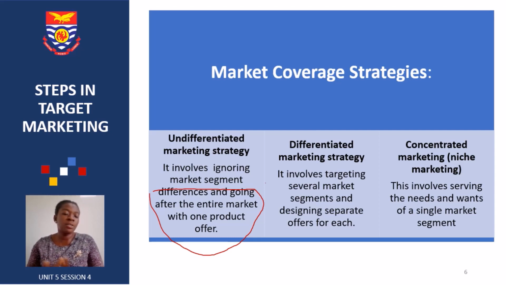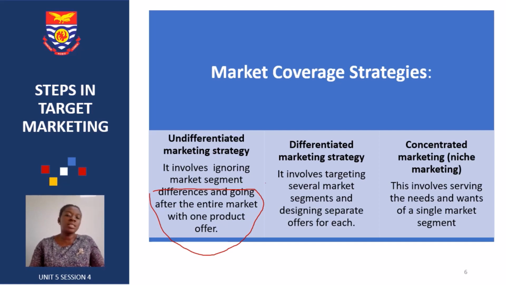That is how the undifferentiated is. Differentiated looks at several market segments and designs separate offers for each. So when you are doing the differentiated, you'd have products for males, products for females. You have clothes more targeted to males, clothes targeted to females, clothes targeted to children. But with the undifferentiated, it's clothing that everyone can buy and use, whether you're male or female.